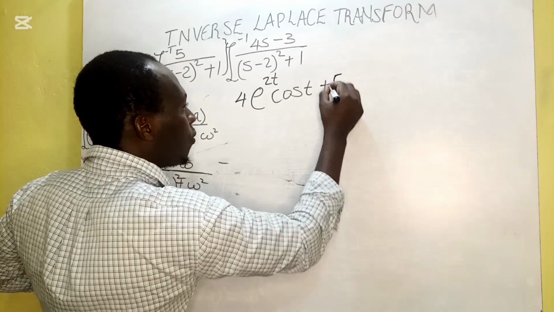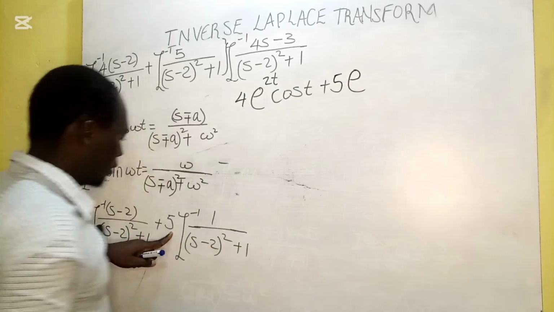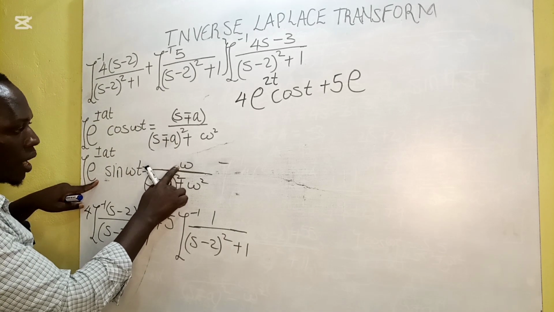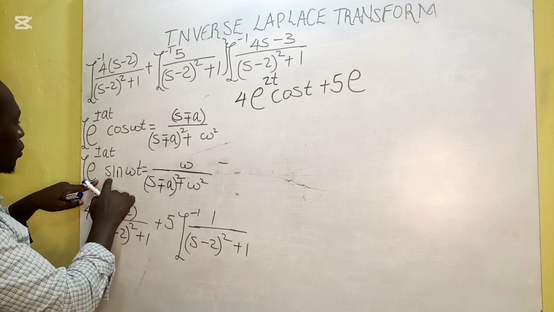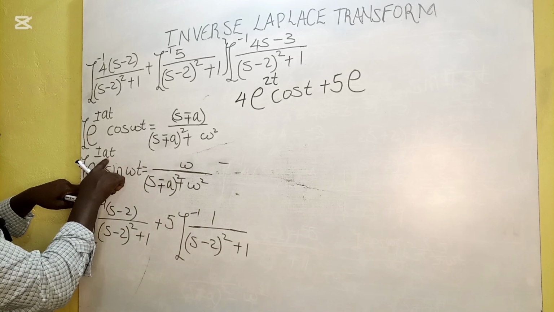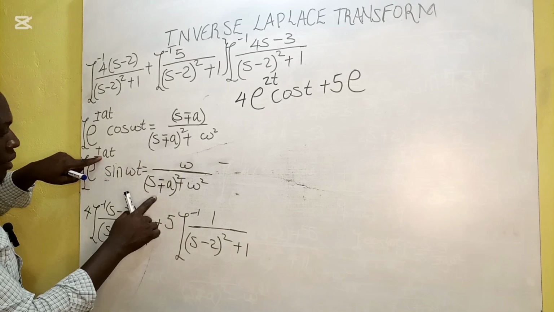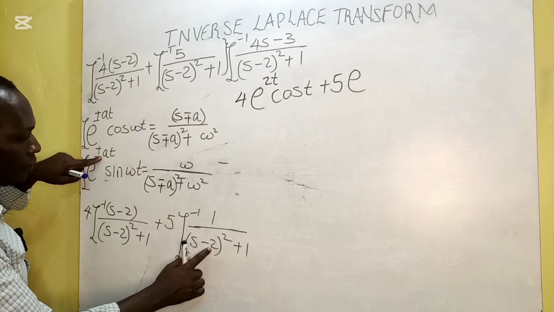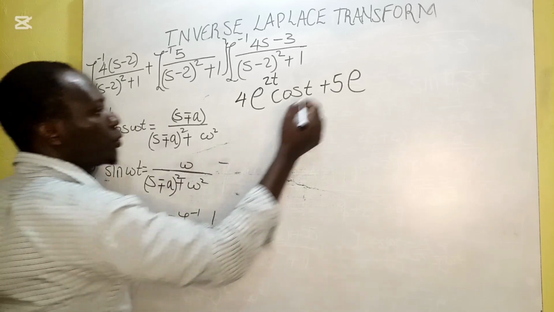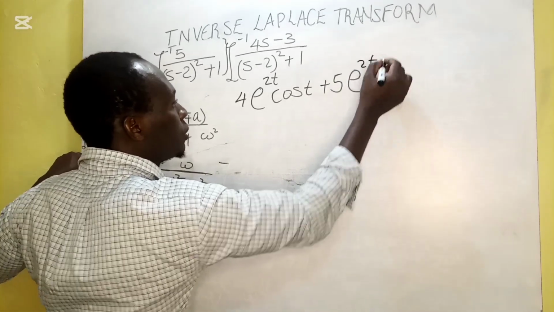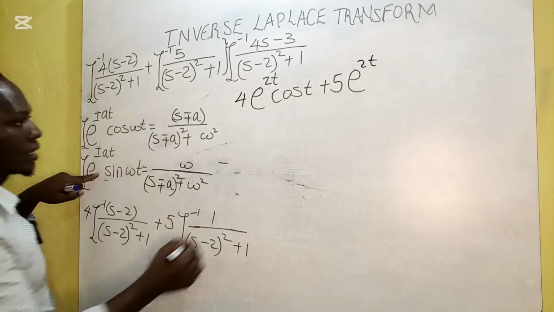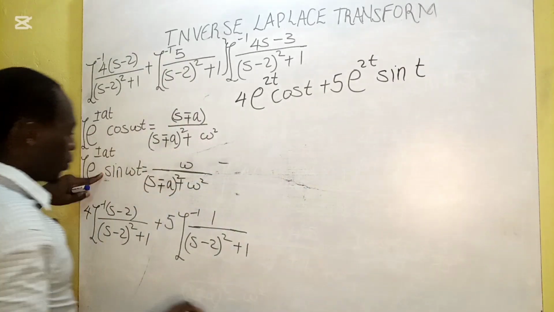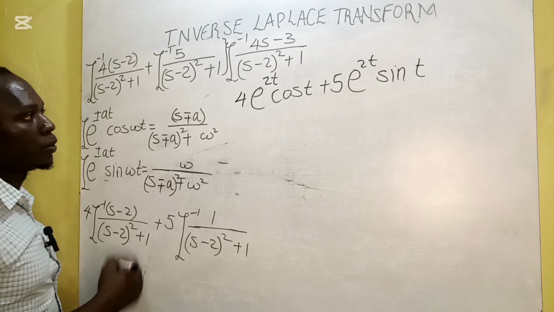We add 5 exponential here, our angle, a, here it was shifted with respect to a negative of 2t, to mean that we are going to have a positive of 2t sine t, because our angle is equals to 1.